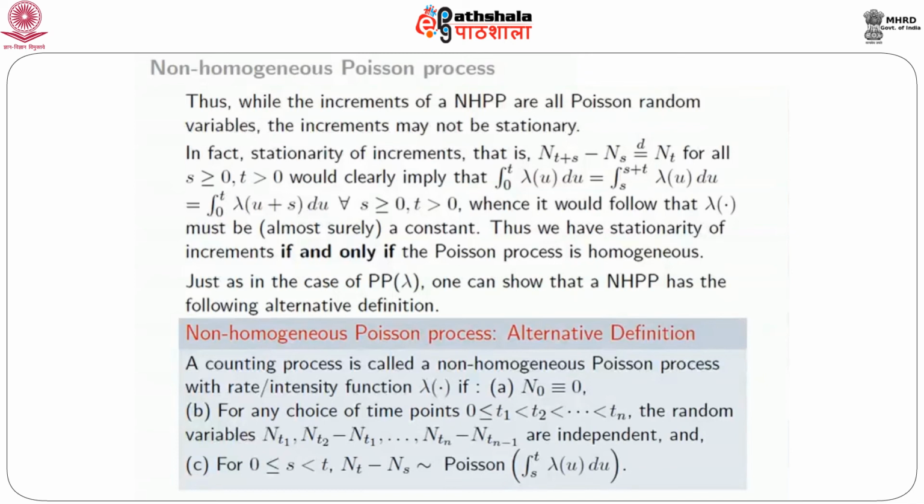And the major difference is here. In the homogeneous case, we had Poisson with parameter lambda times (t minus s), where lambda is a fixed constant, by which it meant that the distribution of N(t) minus N(s) depends only on t minus s. But here, of course, we don't have that.